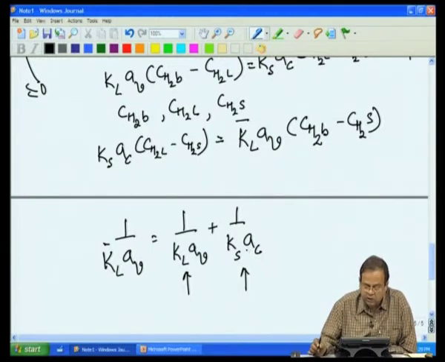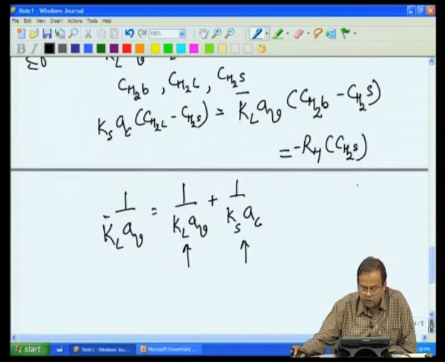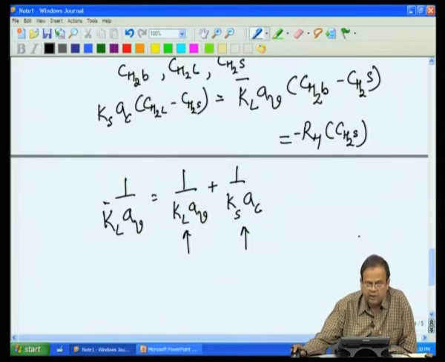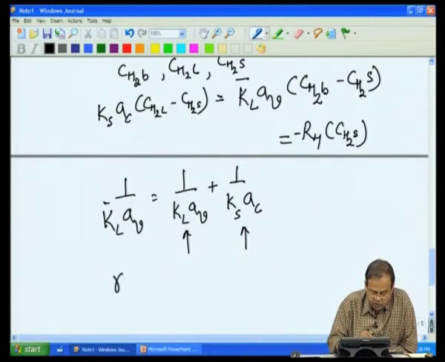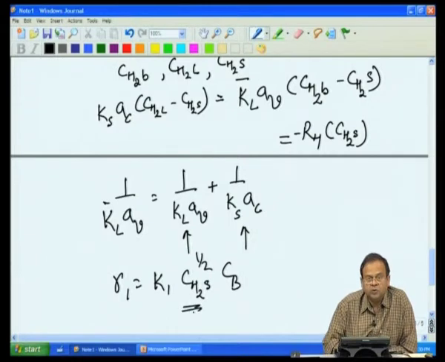So, as a result now we have, which is a function of C2S, or in other words, in our kinetics, which we had, for example, what is this value of C2H?